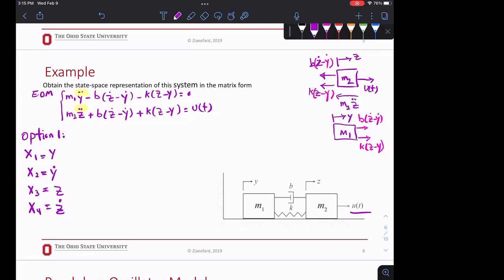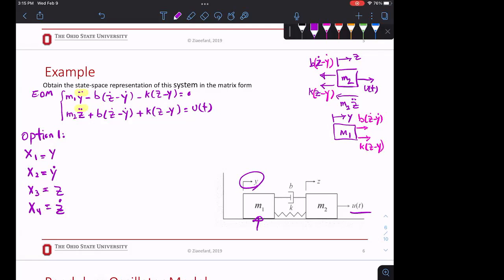Yes. So if you look at here, what is y? Displacement, right? If you think about the state vector, I want to measure the displacement, how much it moves from one place, the position. What is y dot? Velocity, right? So for mass number 1, I'm looking at position and velocity.